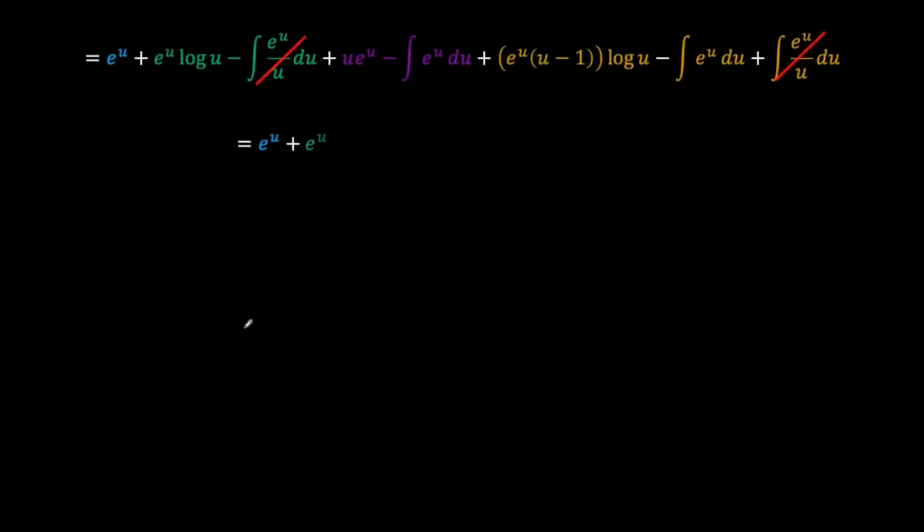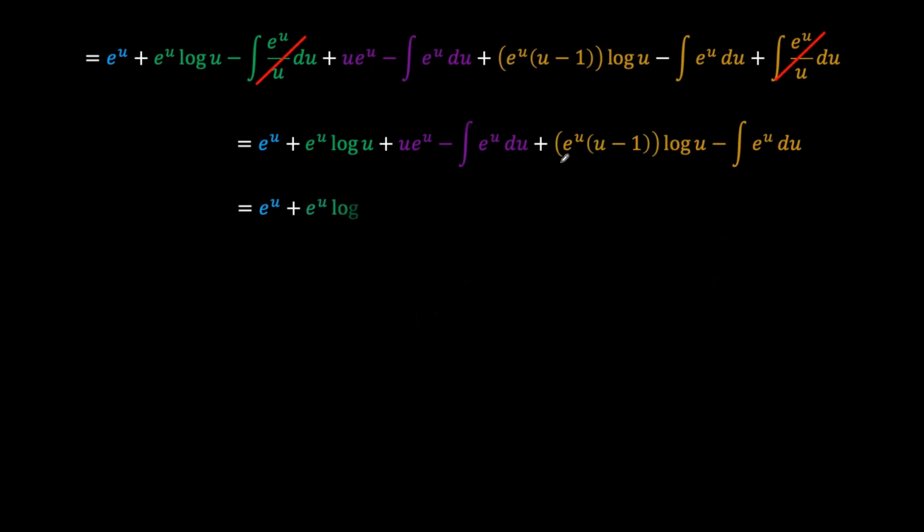So that really makes things very easy for us, because now we have e to the power u, the blue, e to the power u log u, the green, and then e to the power u times u, purple here. And then if we consider these two integrals, we realize that they are the same.